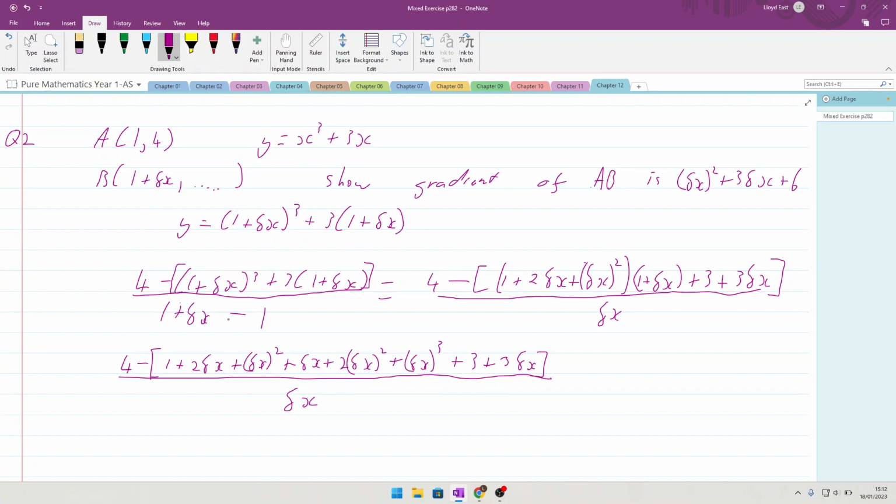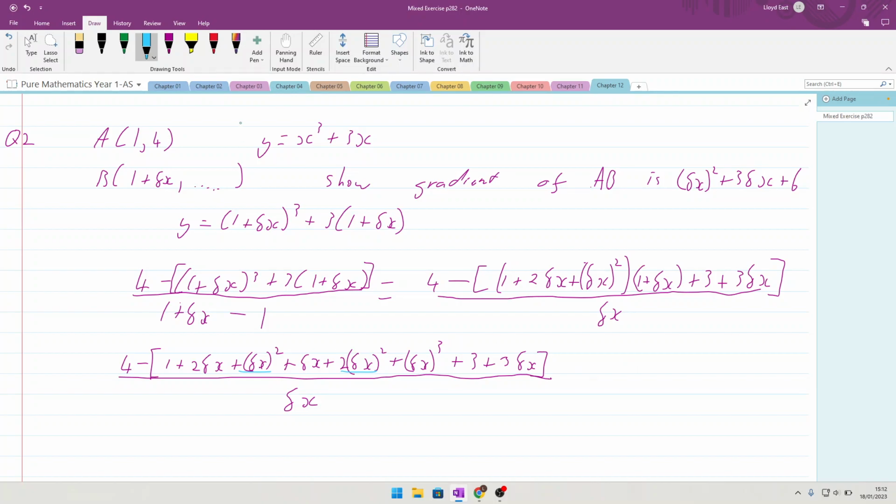Okay, so hopefully we can get some of this to cancel away for us. Okay, and then we're going to have to do a minus on it somewhere. Okay, so 2 delta x and delta x there is delta x squared, giving us 3 delta x.